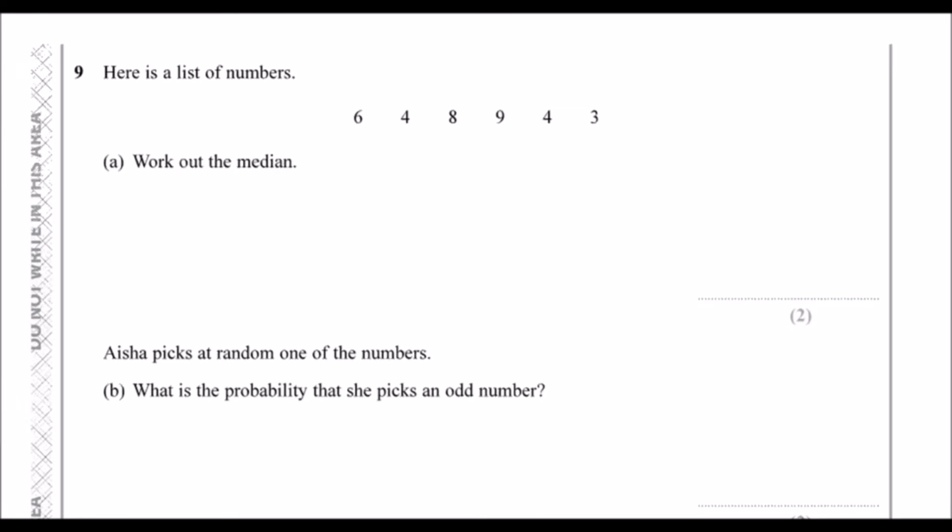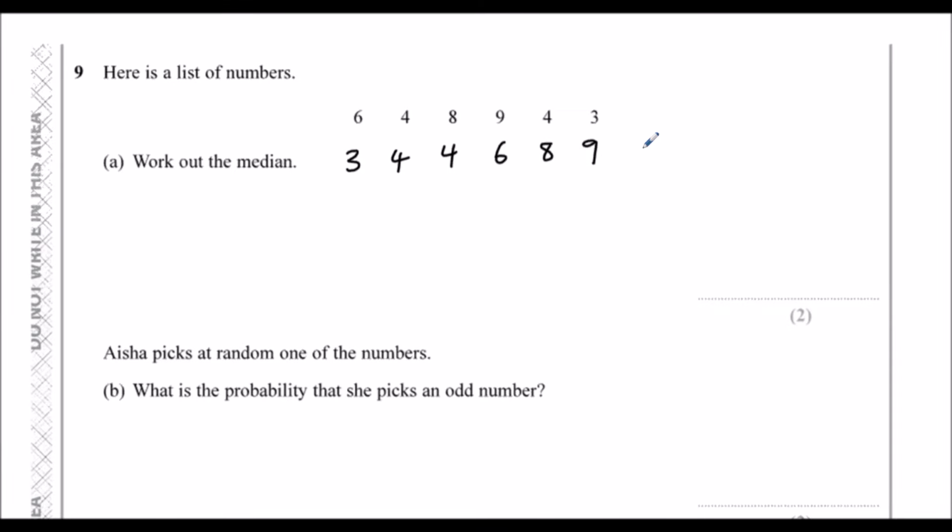Question 9. Here is a list of numbers. Work out the median. So to work out the median, we're looking for the middle number, but first we need to put the numbers in order. So let's order these numbers. We go lowest to highest. So we've got 3, then we've got 2 4s, a 6, an 8, and a 9.